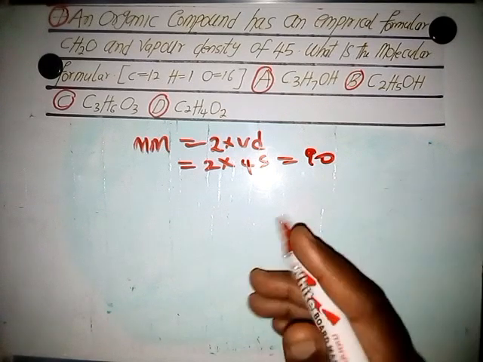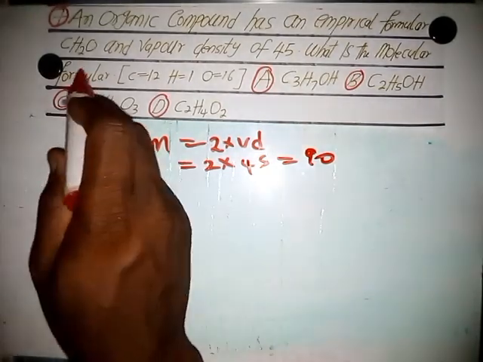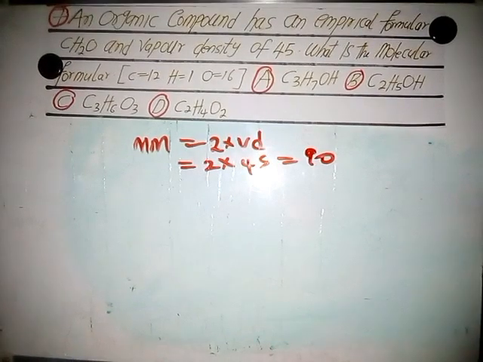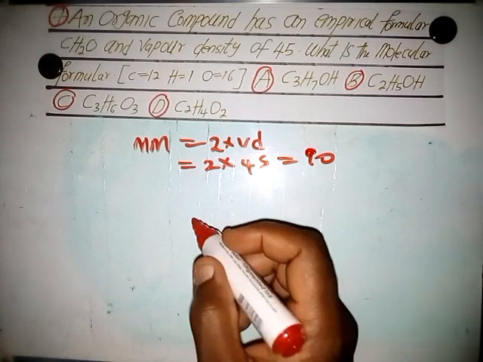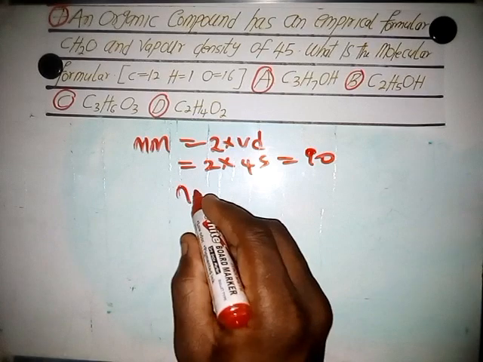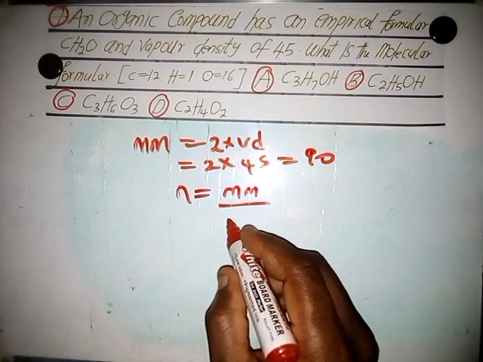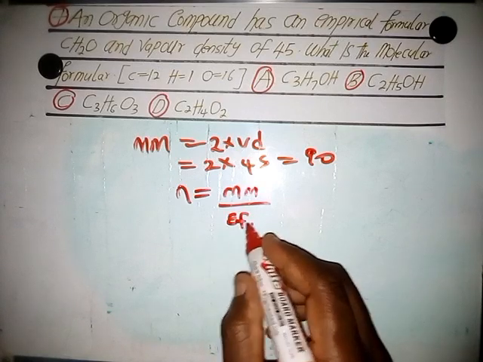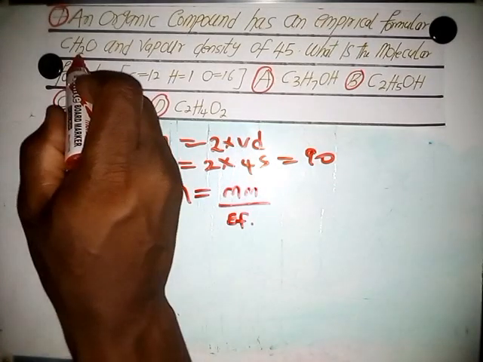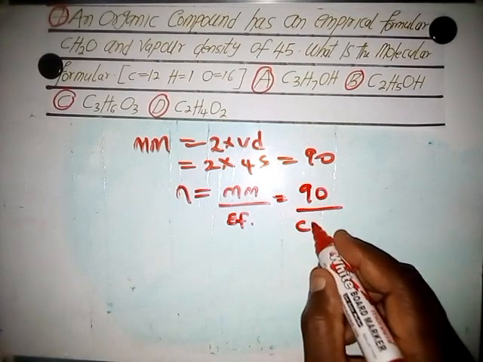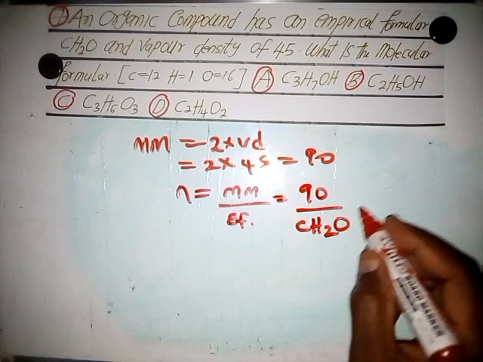So you have to calculate n, which is the molar mass over the empirical formula. In the question, the empirical formula is CH2. So molar mass is 90 over CH2.